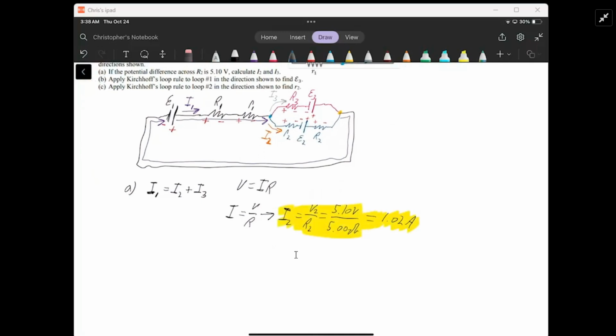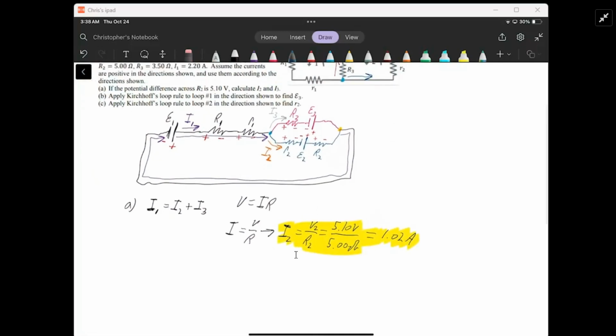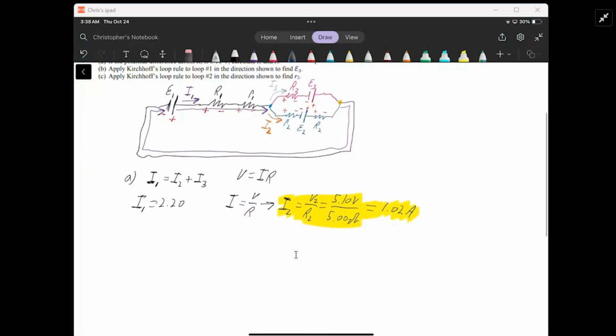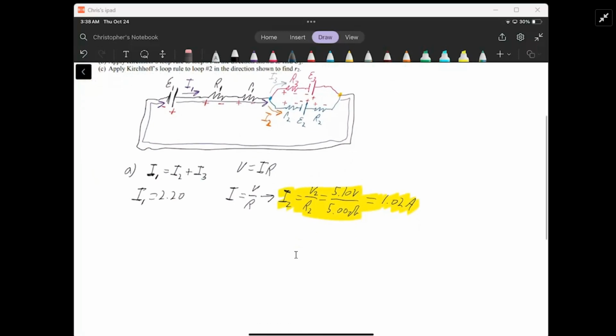right? So we have I2, and we know from the problem that I1 is equal to 2.2. Well, now that we have I2 and we're given I1, and we know that I1 equals I2 plus I3, let's just plug everything in, right? So 2.2 equals I2, which is just 1.02, plus I3.